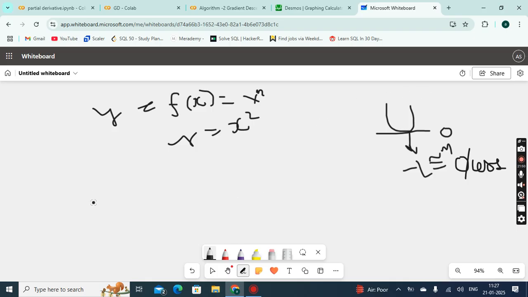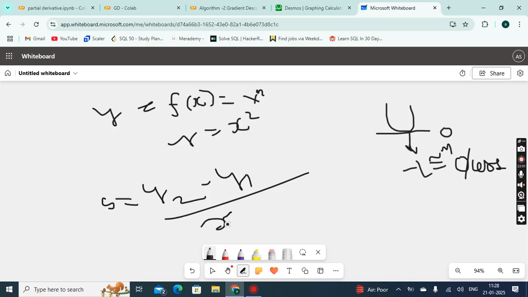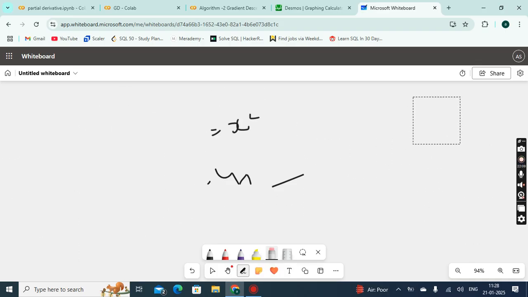In mathematics, you have heard about slope. So slope is what? y2 minus y1 by x2 minus x1. Now, in machine learning, the same mathematical slope is nothing but known as derivative.